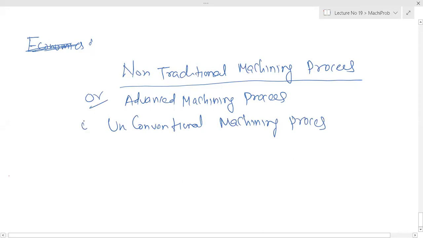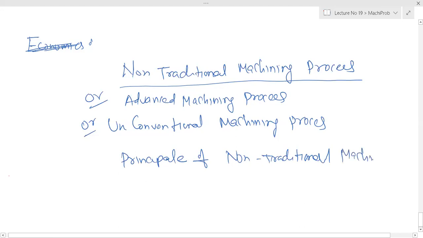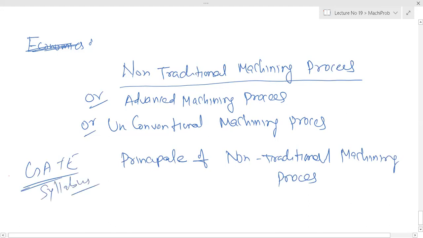Your GATE syllabus is principle of non-traditional machining process. So today we will start this.